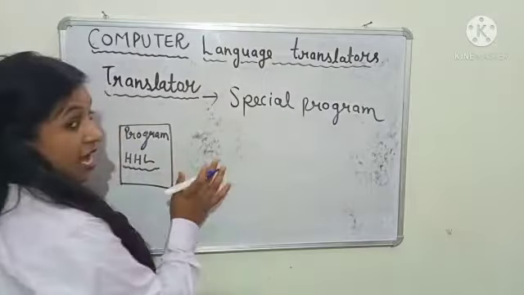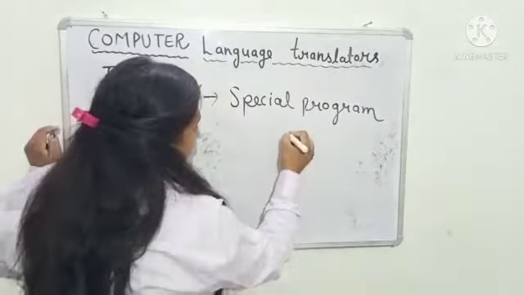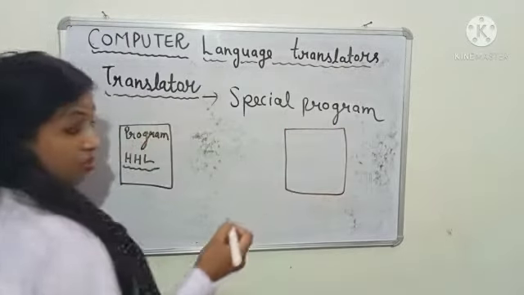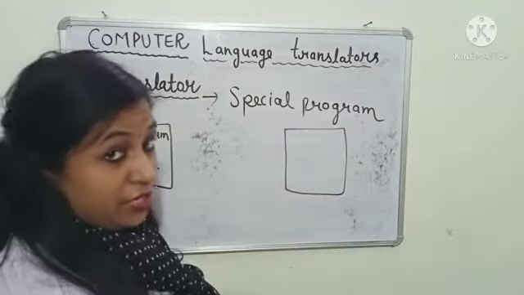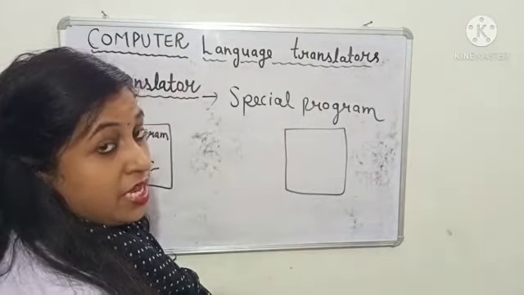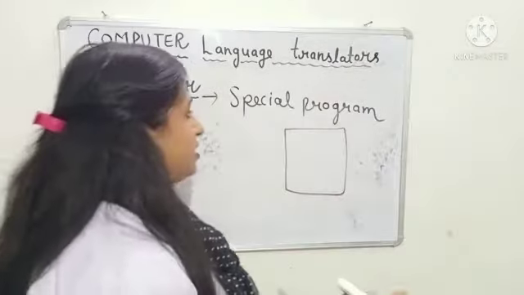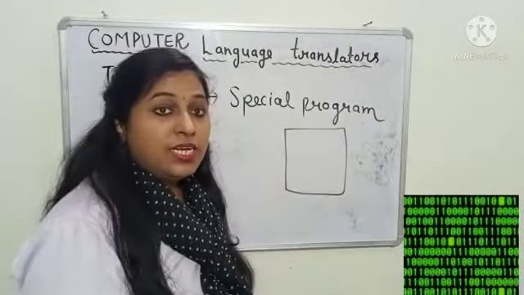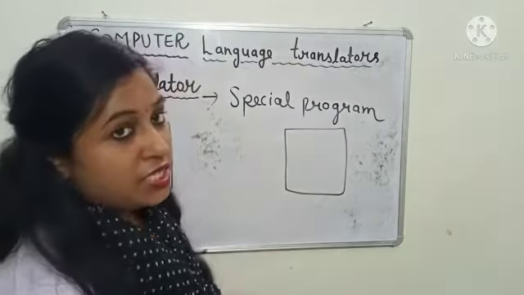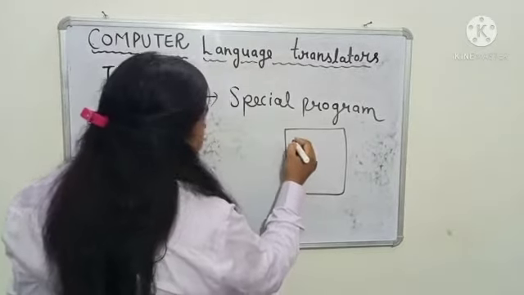And we want to run our program and get the output, so we run our program on the computer, right? But the computer understands only machine language, the computer language, and the computer language is in the form of 0 and 1, and 0 and 1 is also called the binary language.